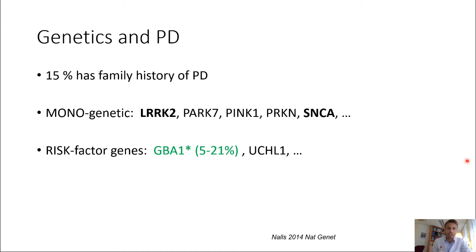The most common genes being LRRK2, PARK7, PINK1, PARKIN, and SNCA, which we discussed before. There are also risk genes that don't absolutely induce PD. The most interesting one being GBA1, which is also known in Gaucher's disease if you have it on both alleles.